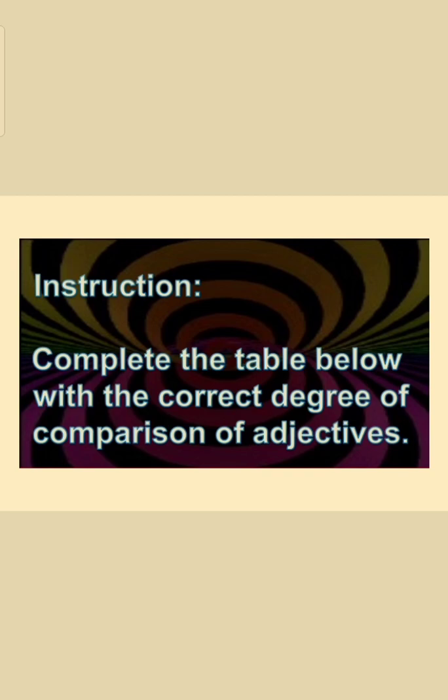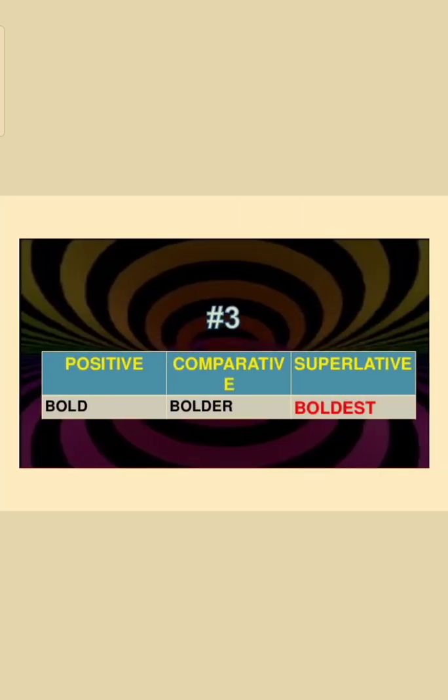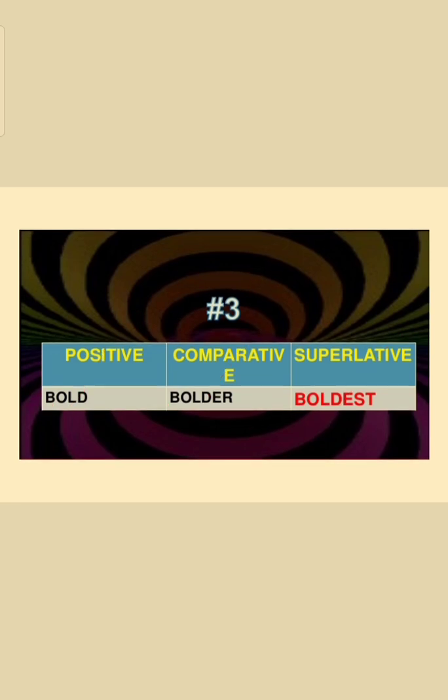Okay, now test yourself. So this is the first one. Bowl, bowler. Take 2 seconds and just try to remember. The answer will be bowl, bowler, bowl this. Okay, next example.